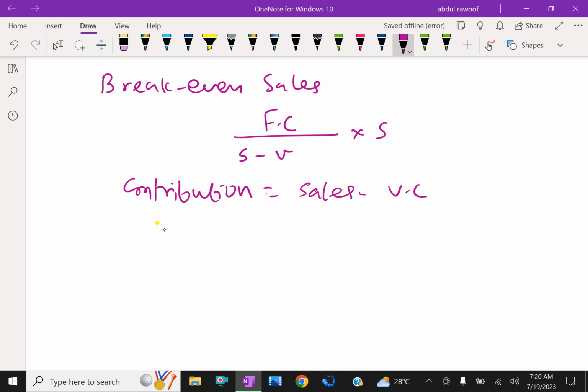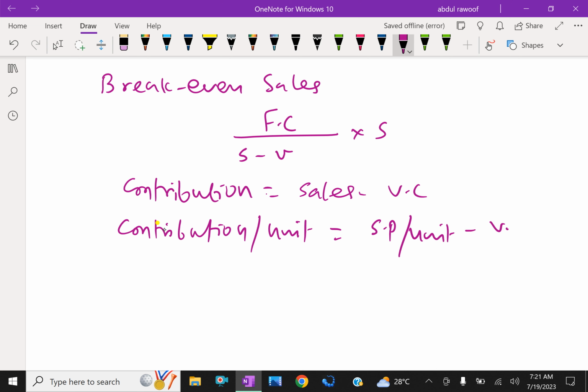Then contribution per unit is equal to selling price per unit minus variable cost per unit.